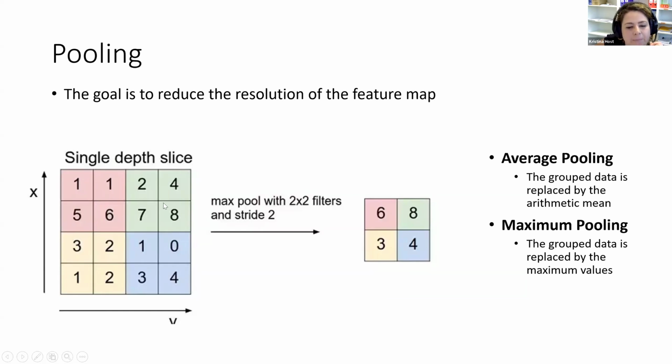This is an example of max pooling with 2 by 2 filters and a stride of 2. What does a stride mean? Stride is for how many pixels you move horizontally and vertically when you are doing the convolution or the pooling.